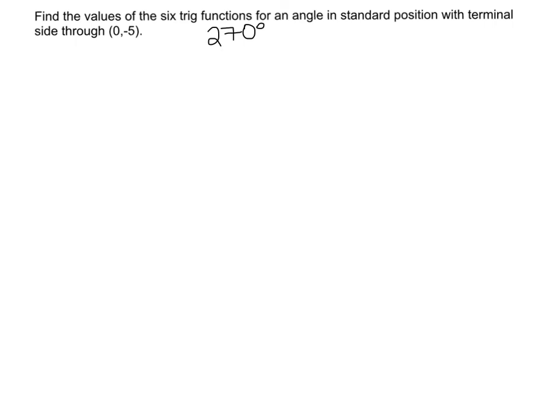If I recognize that the point 0, -5, 0 on the x-axis, -5 on the y, is a quadrantal angle, then I can simply use the fact that I've remembered this information to get my trig function. So the sine of 270 is -1.